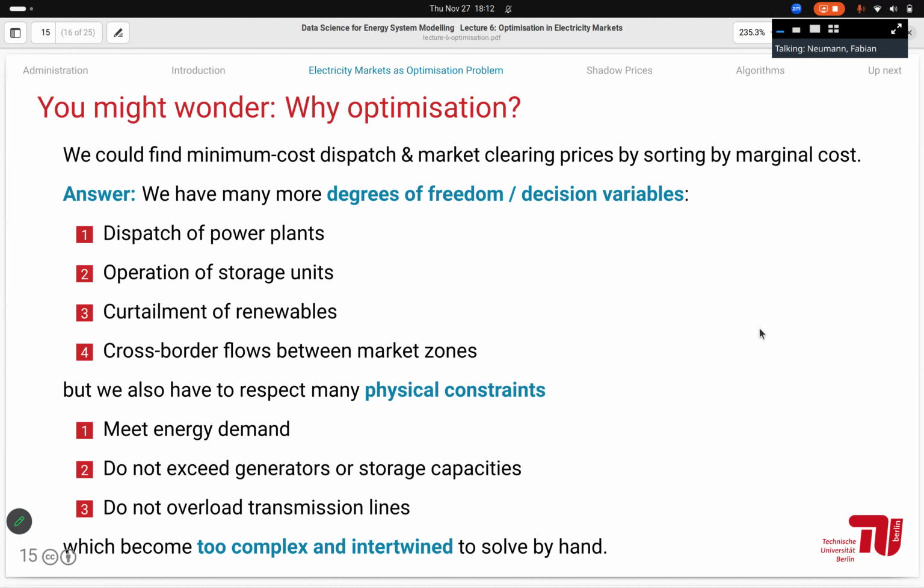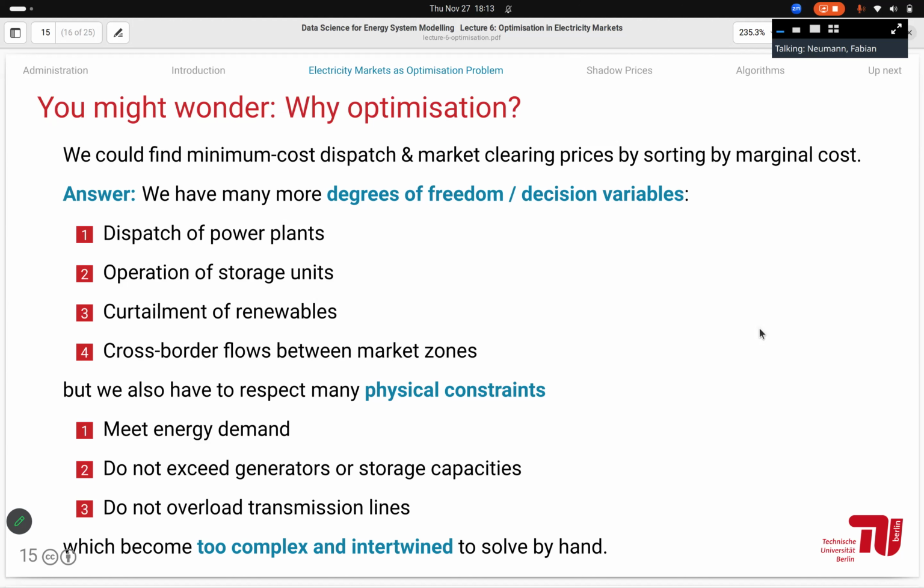And we also have a couple more physical constraints in addition to meeting the energy demand at every point in time and every location and not exceeding the generators. We also have to deal with the filling levels of the energy storage, and we have to keep the grid components, the transmission lines, within their limits so that they are not overloaded.